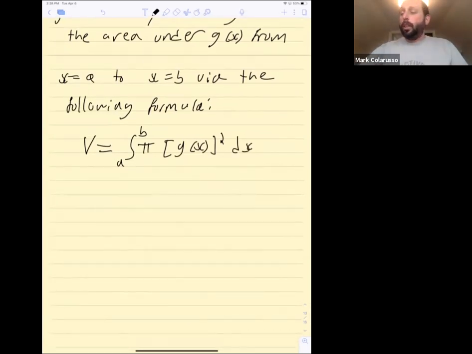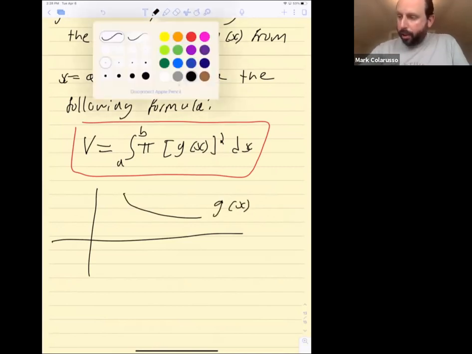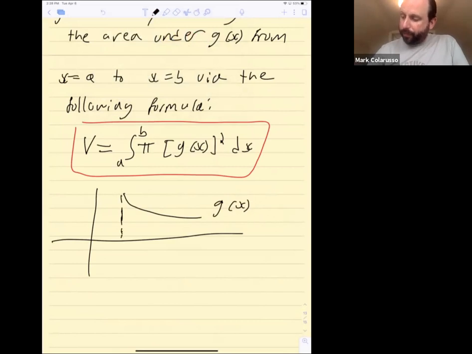So it's this integral. And if I draw a picture for you, the general situation is you might have your function g of x look like this, just another thing that's not a circle. So here's your x equals a, say, and here x equals b. And you take this region and rotate it, right?